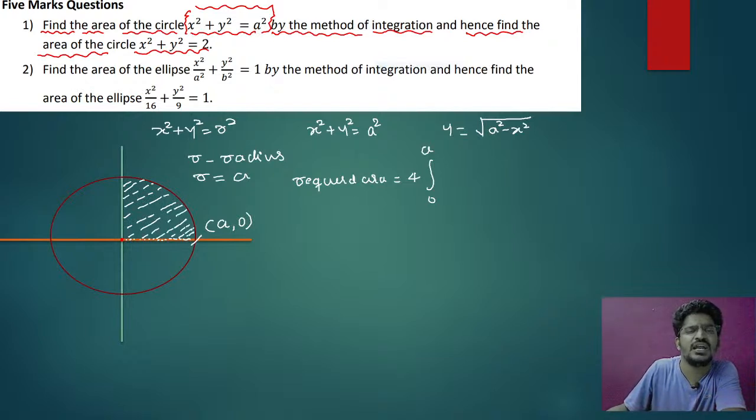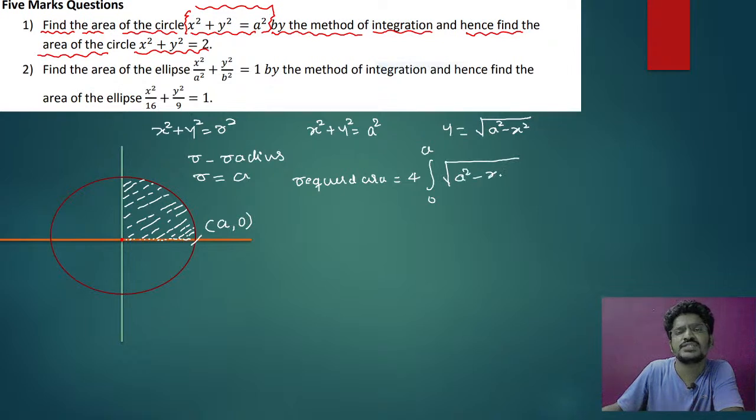It has 4 pieces, so if you want to calculate the complete area, you have to multiply it by 4. Now you can take it as the square root of a square minus x square with respect to dx.